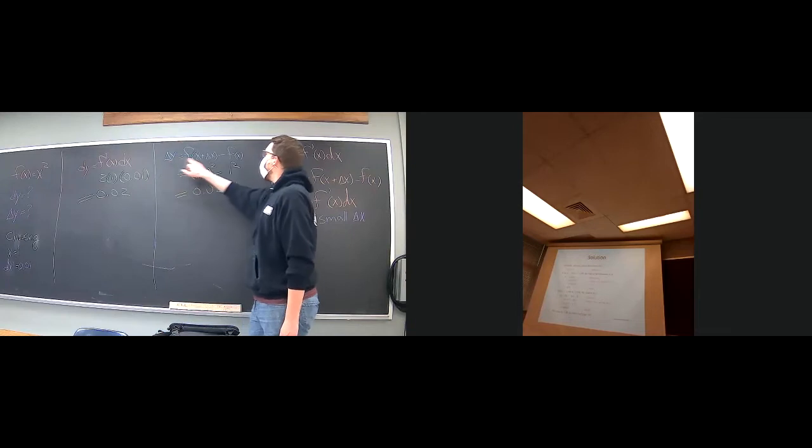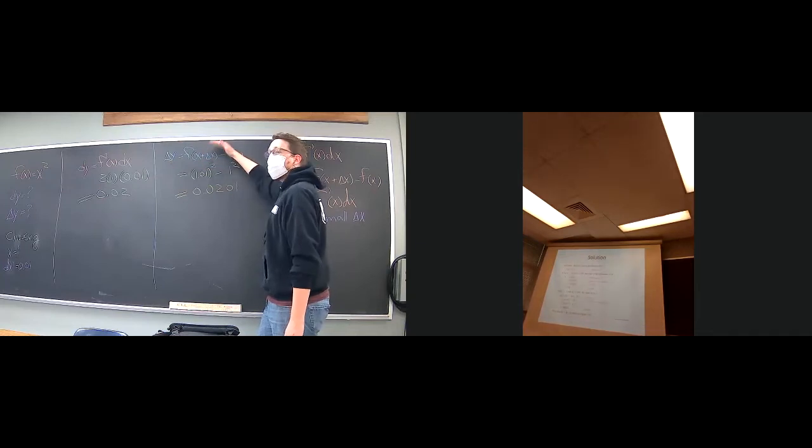So this is an important distinction to make. This is an approximate measure of the change in y. This is the actual measure in the change in y. Right? We said y1 minus y0, right?